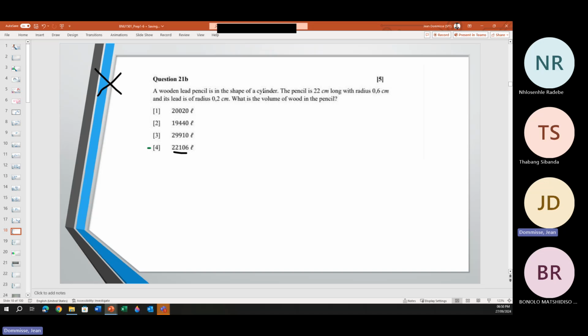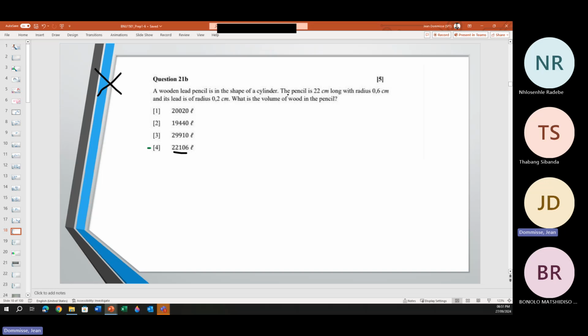So already think about a pencil. It's basically the size of a pen. If you look at that size, there's no way that you can get 20,000 liters into that pencil. So obviously somewhere here there was a mistake. So let's just work it out and see what it should have been.